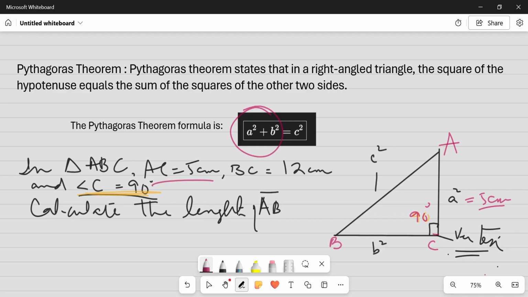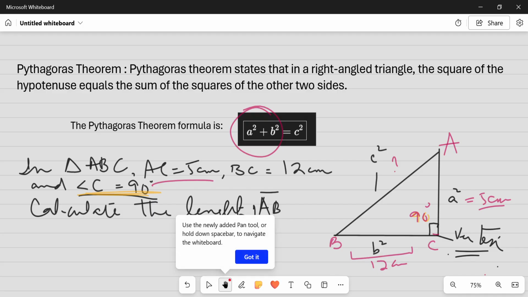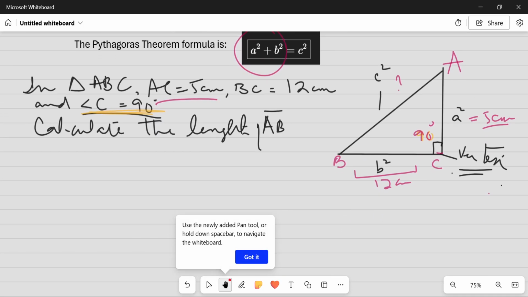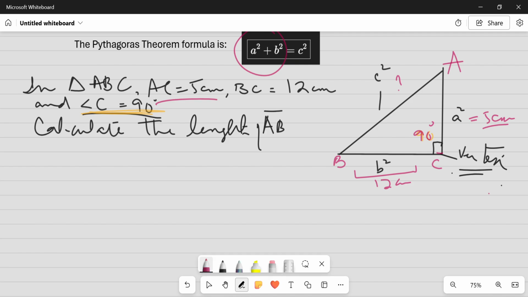Now BC is 12 centimeter. So what we need to find out is the length of AB. This one you need to find, which means you need to find the hypotenuse. So we need to substitute the values in the formula.